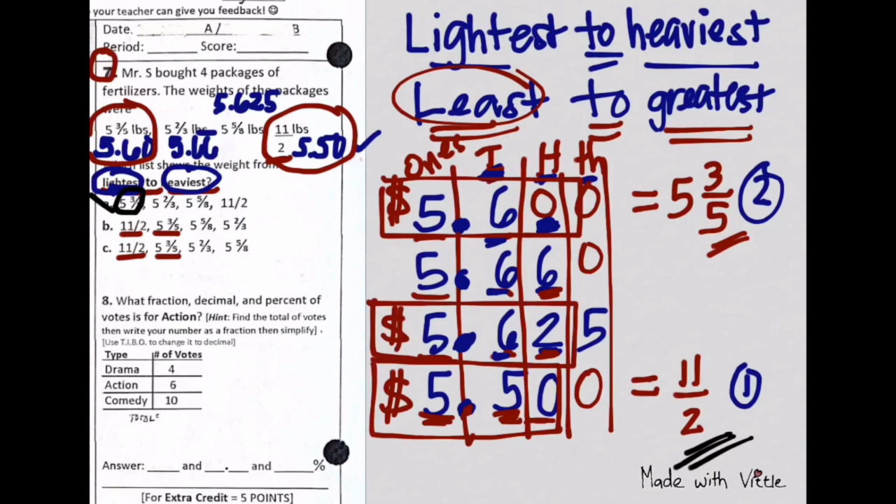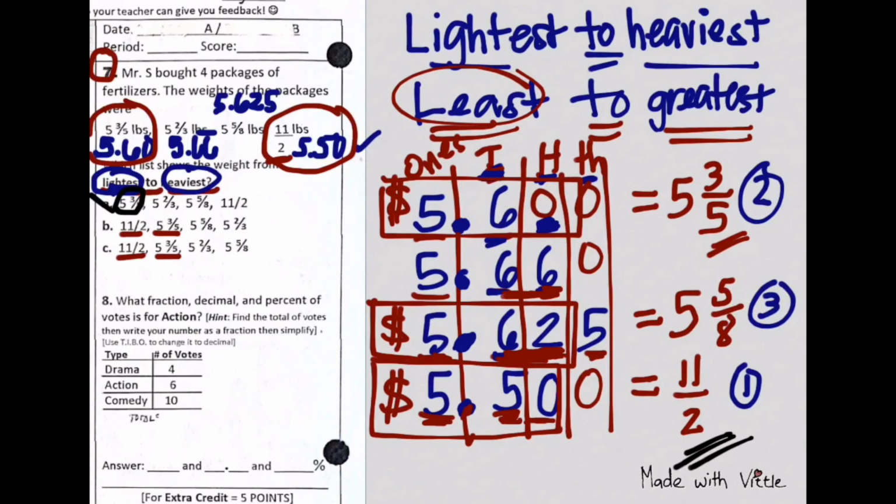People, this 5.625, that is just like our money, $5.62. We don't actually care about the thousands place, but for the sake of comparing, I placed it there. But compare the 2 with the 6, 62 cents is smaller than 66 cents.